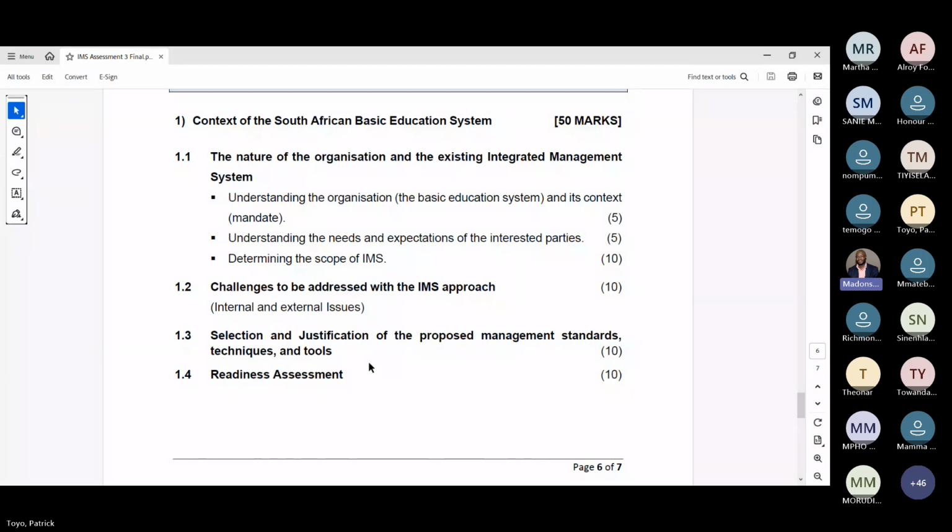And there are also different stakeholders or parties that have an interest in the Department of Education, such as the school governing bodies, if I can mention, who also expect certain conduct of the teachers or the principal. These are the things that we really need to contextualize clearly.